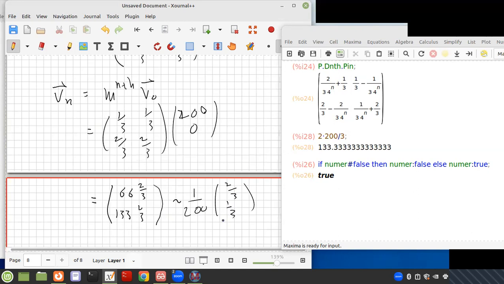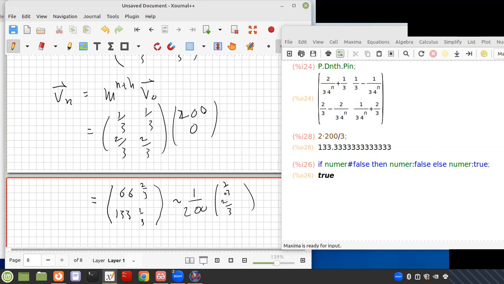I got this backwards. I wrote it the wrong way around. The top one is 1/3. Yeah, it's the other way around. Sorry about that. It's 1/3, 2/3.